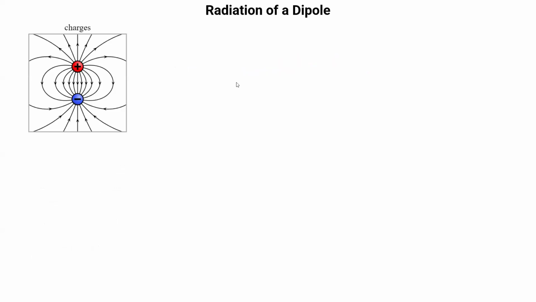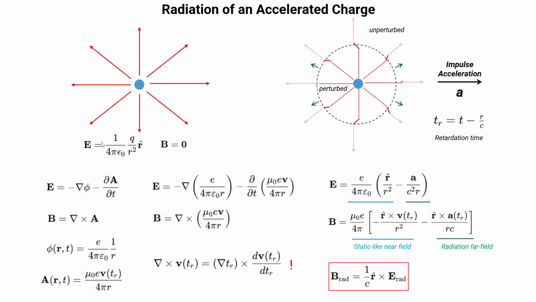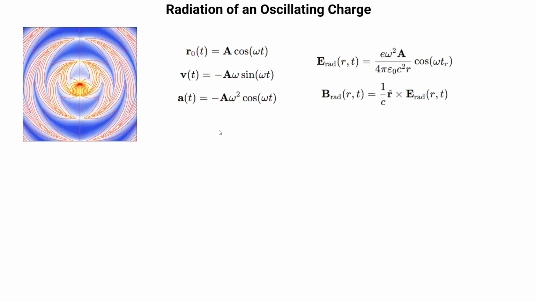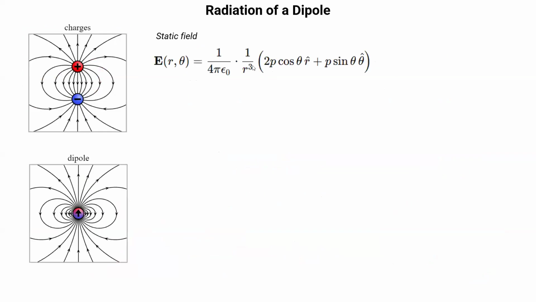For example, for a single charge we have Coulomb's law with r squared in the denominator. For a dipole, we get 1 over r cubed.